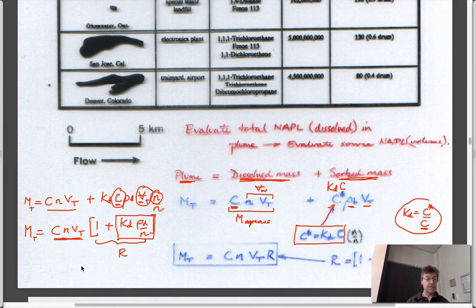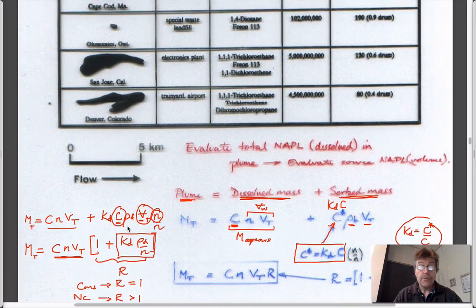If it's conservative, then what's the value of R? 1, right? And if it's non-conservative, then R is some number greater than 1. So it's a universal expression. It just accounts for the fact that we need to accommodate for the amount that's sorbed onto the mass if we want to calculate what the total mass is.